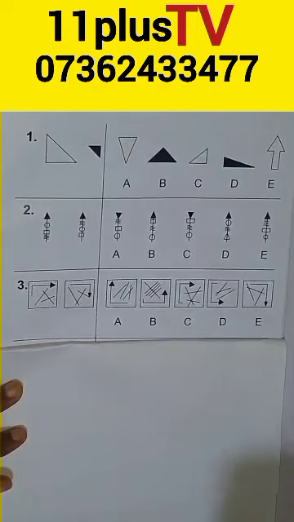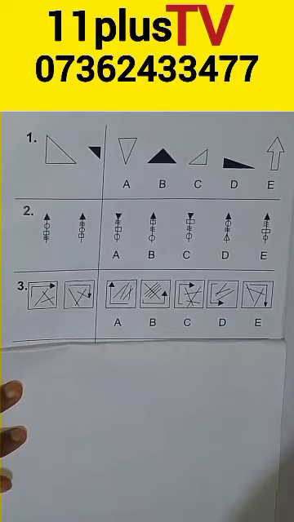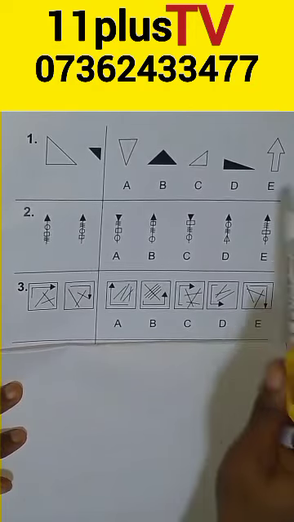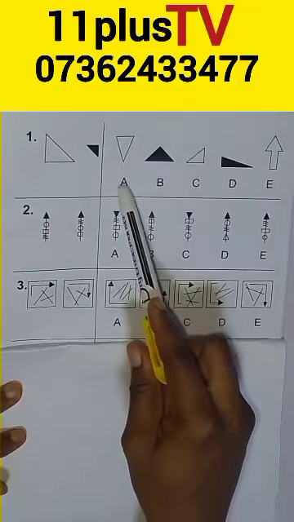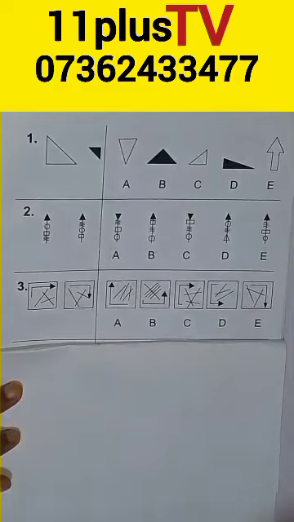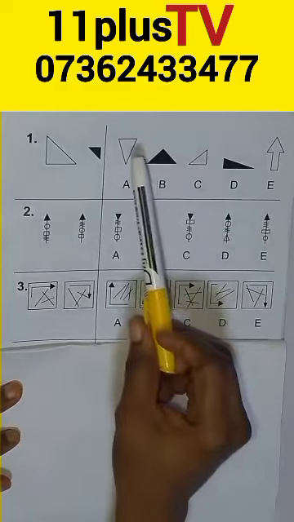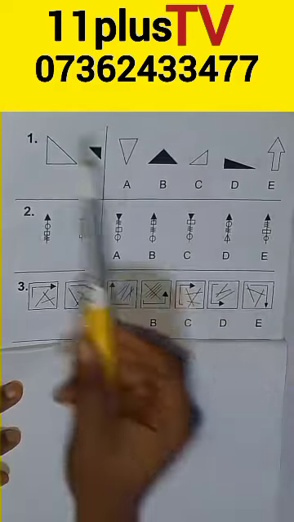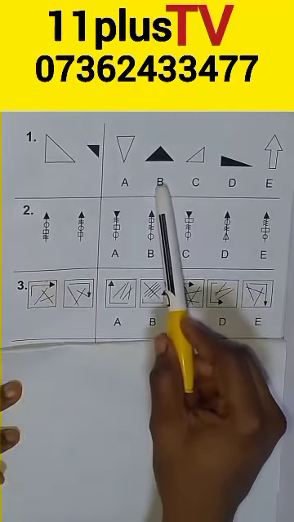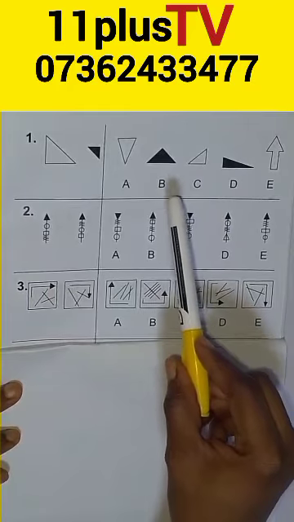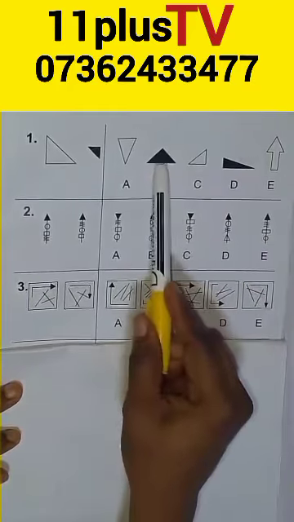Now let's use the elimination method to get the answer. You eliminate E because E is out from it. Eliminate A because this is an inverted triangle, an isosceles triangle. We're looking at two right angle triangles. You eliminate B. B is an equilateral triangle where three sides are equal.